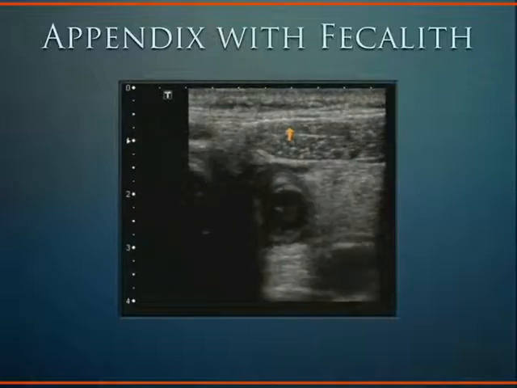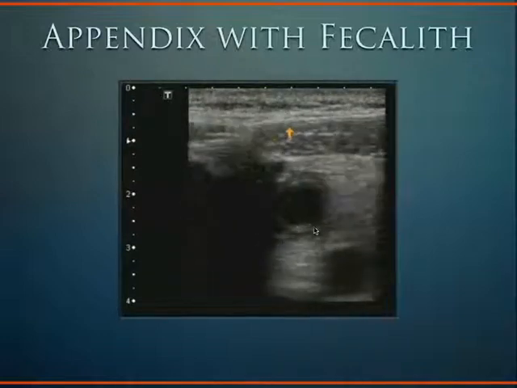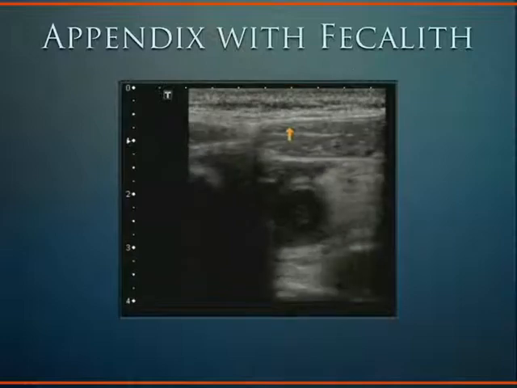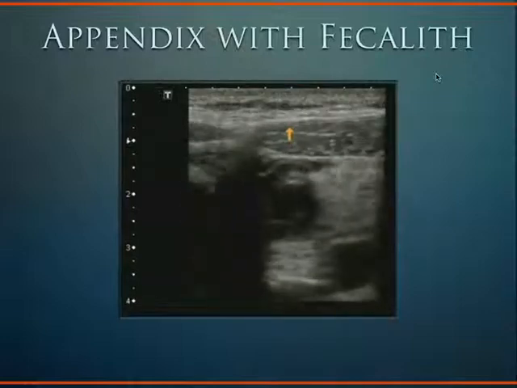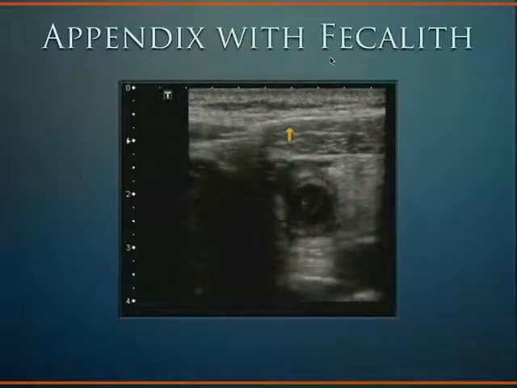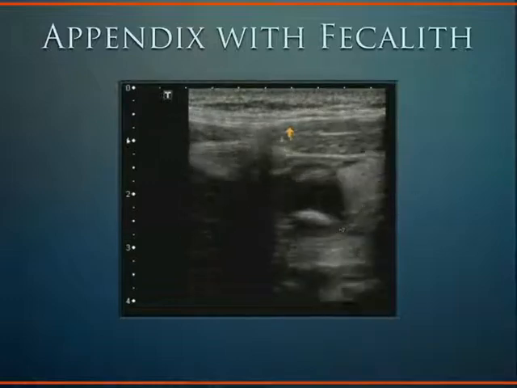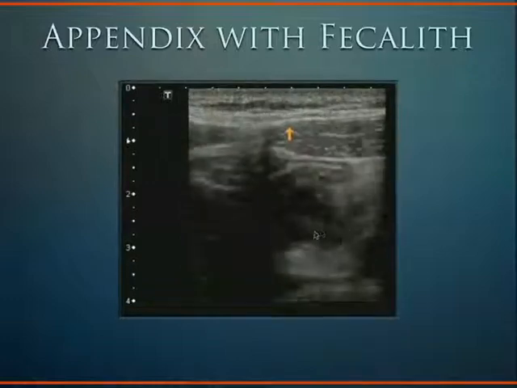Another example here, compressing. As we fan through this appendix, we may see something called a fecalith, or appendicolith is another name for it. Translated, it means poop stone, and basically that's the cause of appendicitis in many cases.